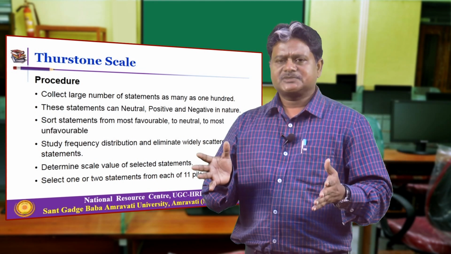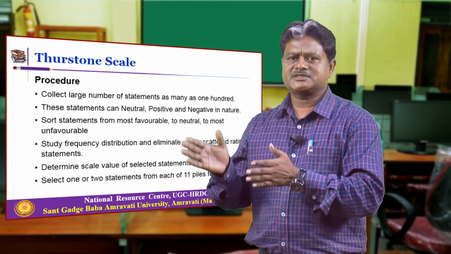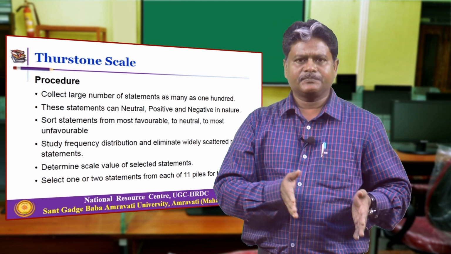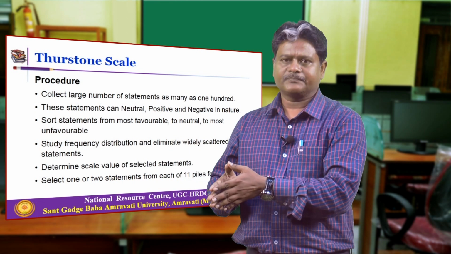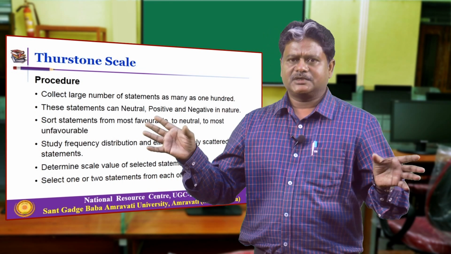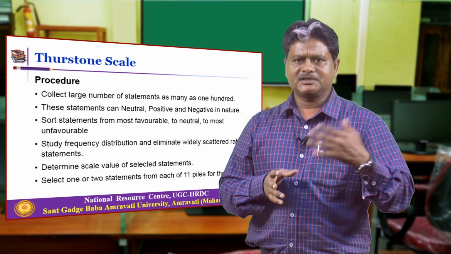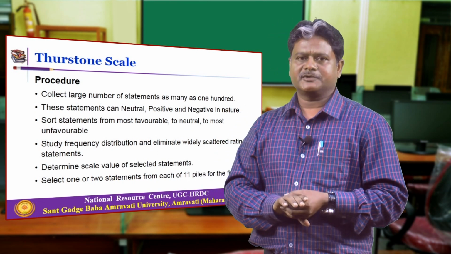In the next phase, we have to sort all these statements into three bunches: statements which are favorable, statements which are neutral, and statements which are unfavorable. So we have a classification based on whether the statements are favorable or unfavorable.